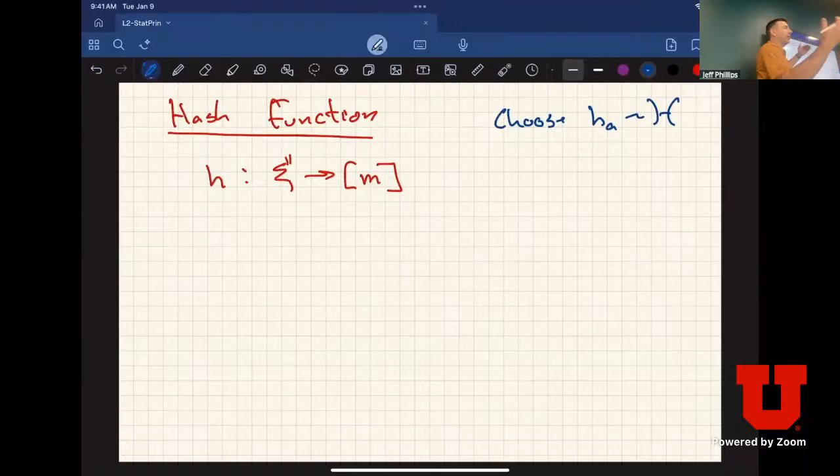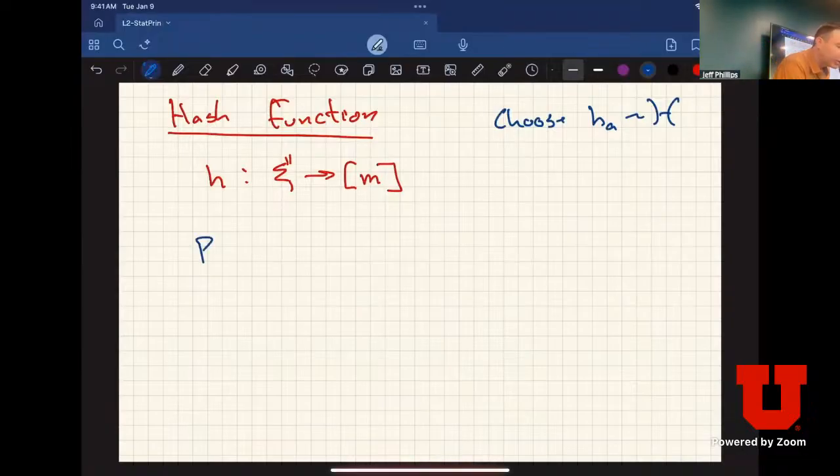So if the same IP address shows up twice, it always maps to the same location. So one way of implementing this is to choose a random hash function, and then I just put sequential numbers in the string, and it will hash them into random spots that are all going to be equally likely if this is a uniform hash function.